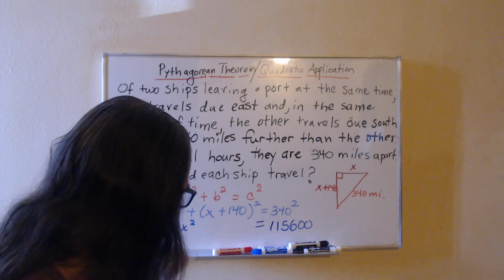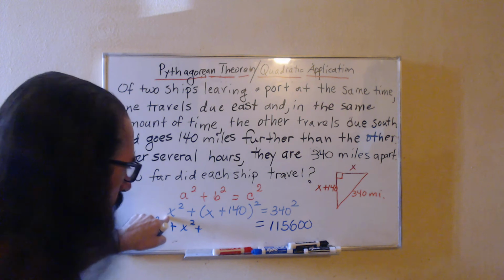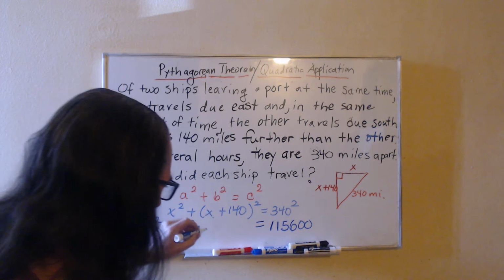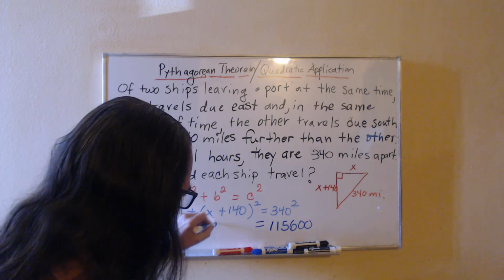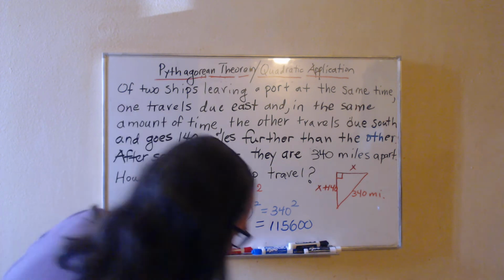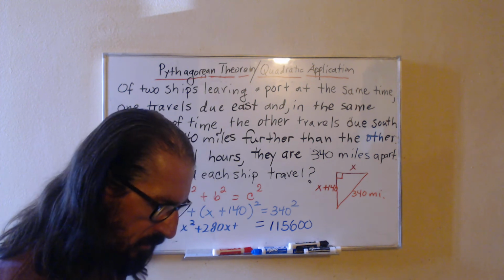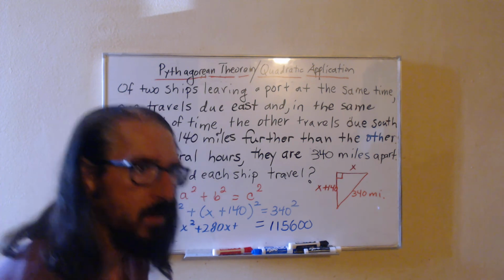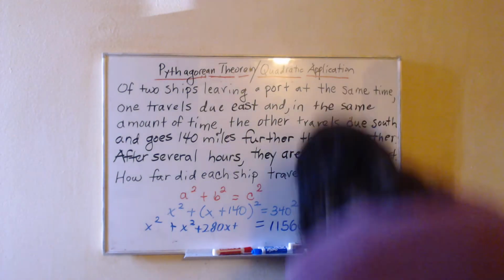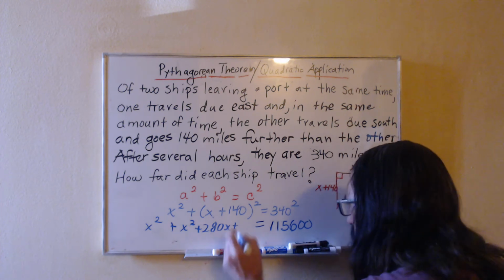And either way, what we're going to get, besides this x squared that we already had, when we square this part, x squared plus 280x plus 140 times itself, in other words squaring it, is giving us 19,600.